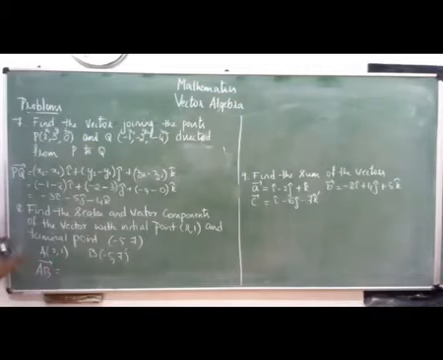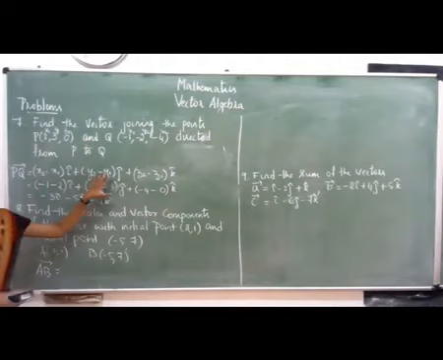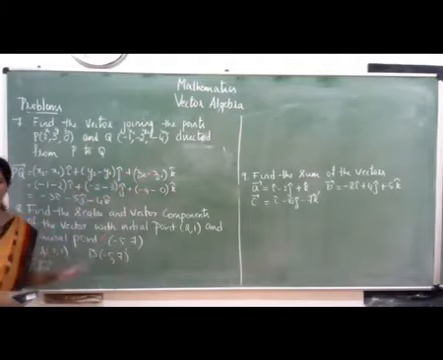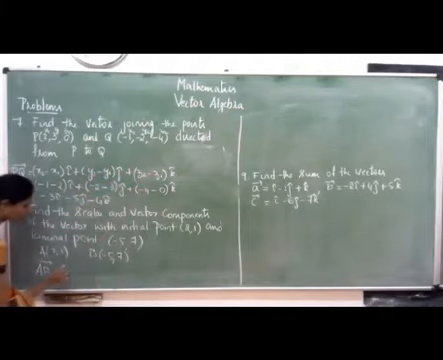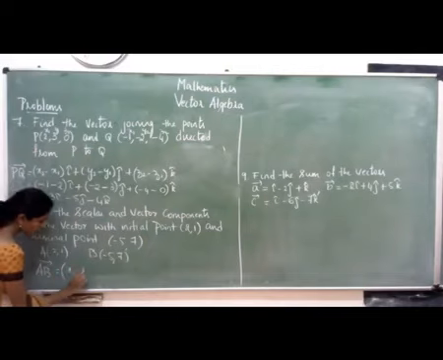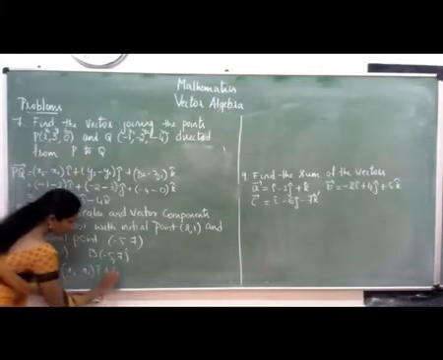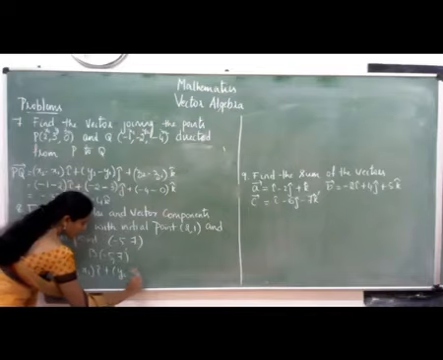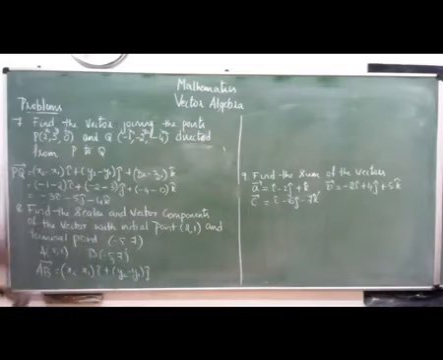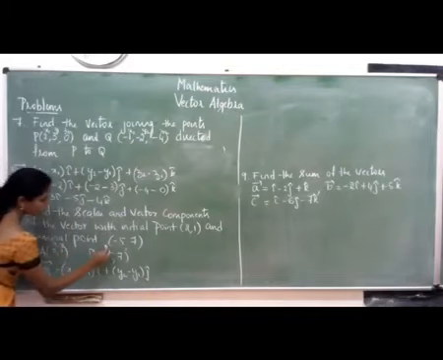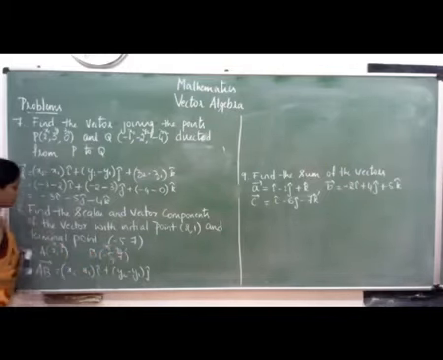There is no z coordinate, so you can just write (x2 minus x1) i cap plus (y2 minus y1) j cap. No need of writing the z2 minus z1 k cap. So this will be your x1, y1 and this will be your x2, y2.